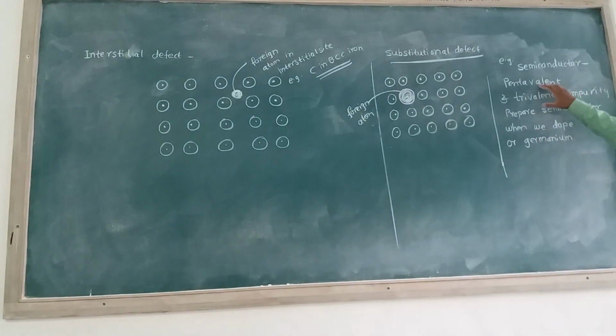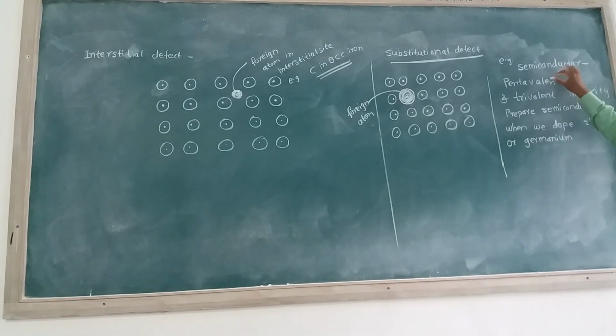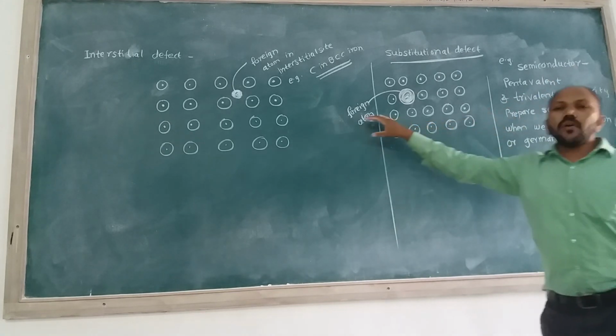If pentavalent and trivalent impurities are used for preparing the semiconductor, when we dope them into silicon or germanium, then these pentavalent and trivalent atoms become the foreign atoms.